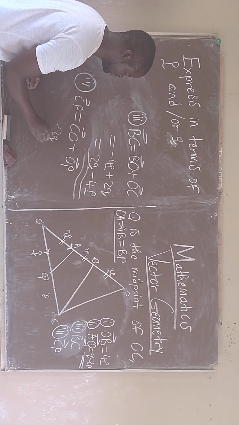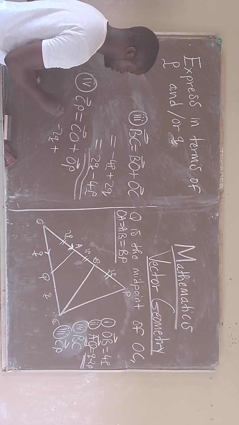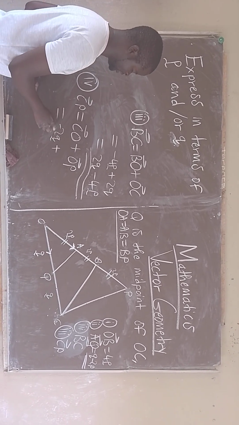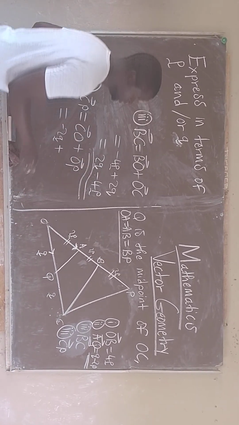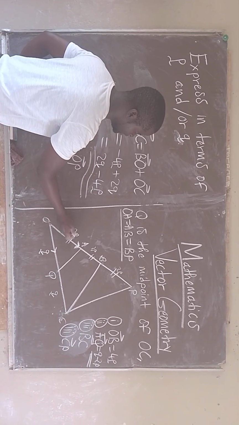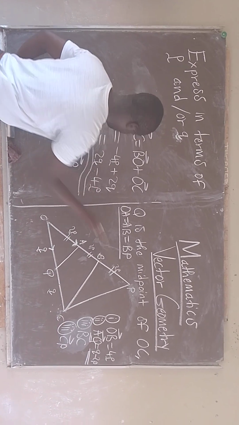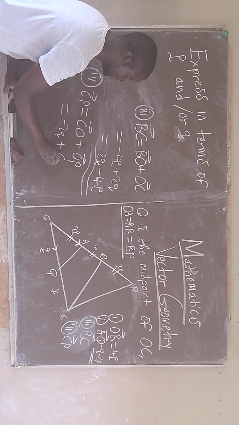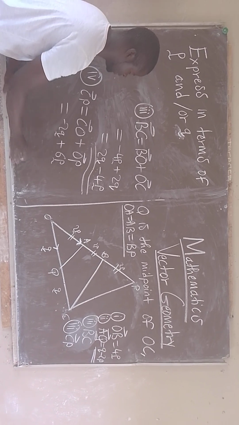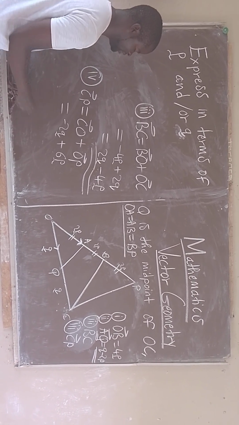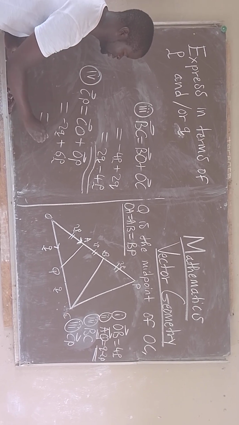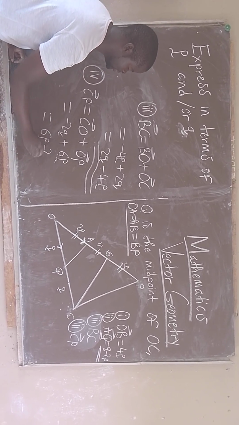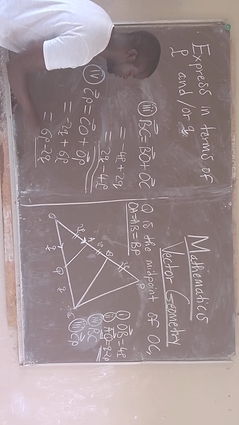So we have negative vector 2Q plus OP, from O to P. If this is 2P plus 2P plus 2P, we are going to get 6 vector P. And remember about the effect of a negative, so definitely we can get this to be 6 vector P minus 2Q. Just as simple as that.